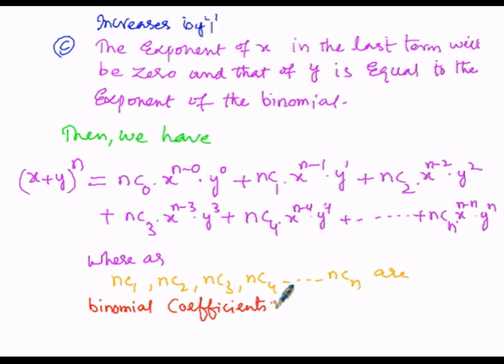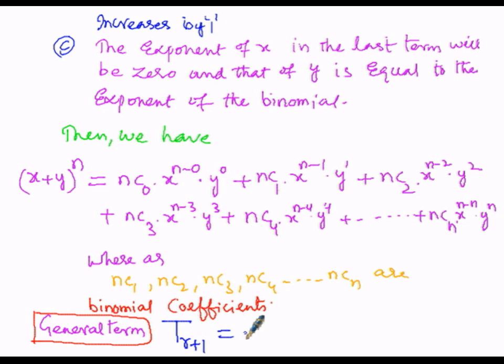Now let us write the general term of this binomial expansion. The general term of this binomial is represented by T r plus 1, since it is r plus 1, it is the r plus 1th term.